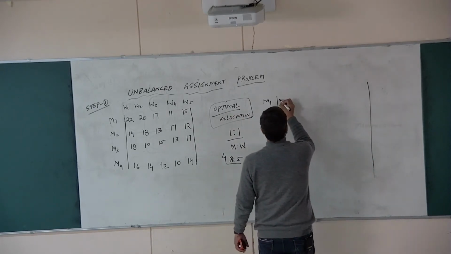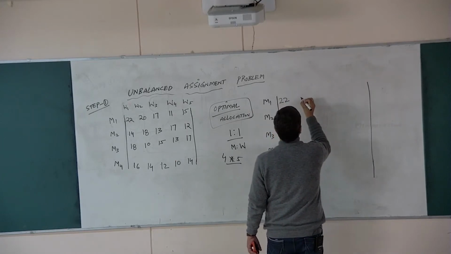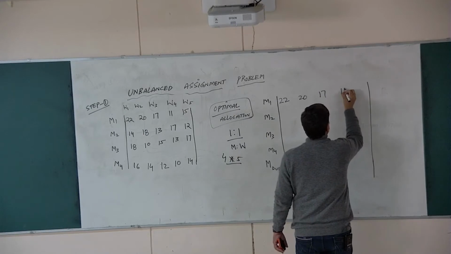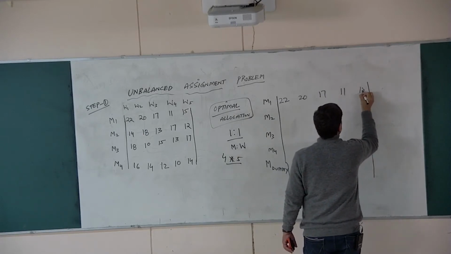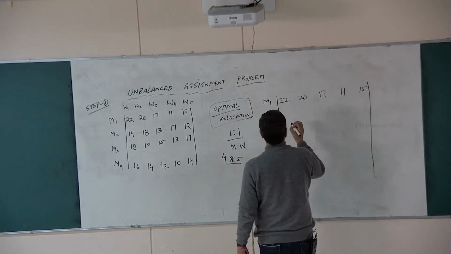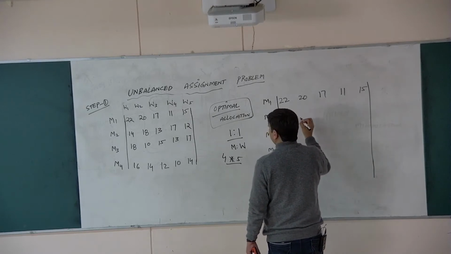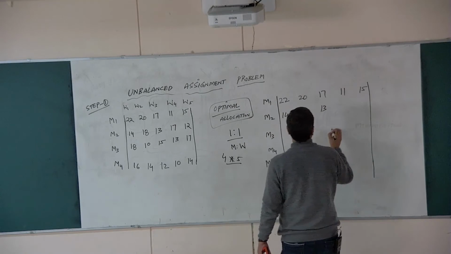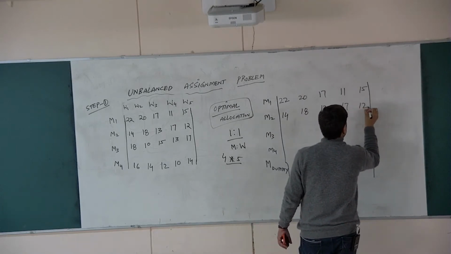I'll write now the values 22, 20, 17, 11 and 15. Next is 14, 18, 13, 17 and 12.